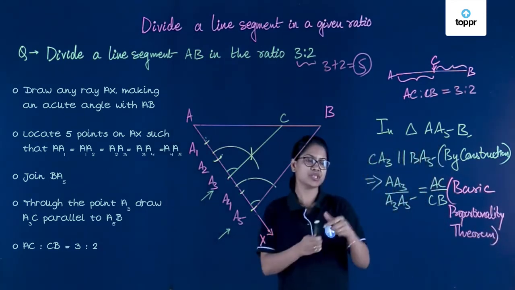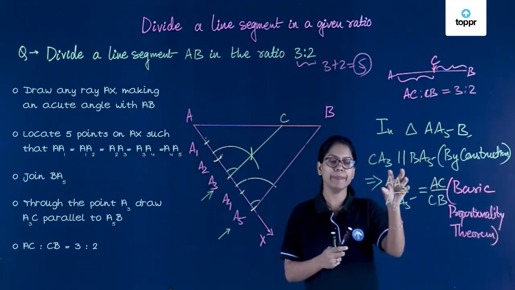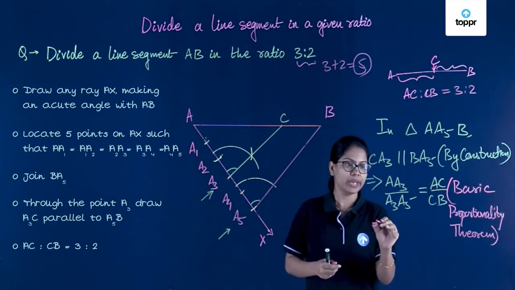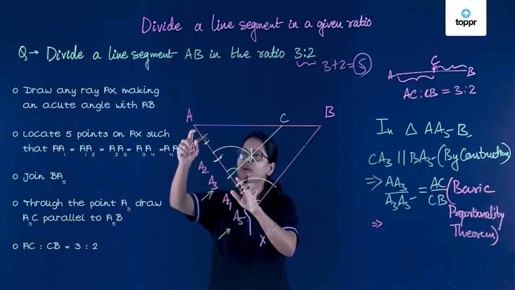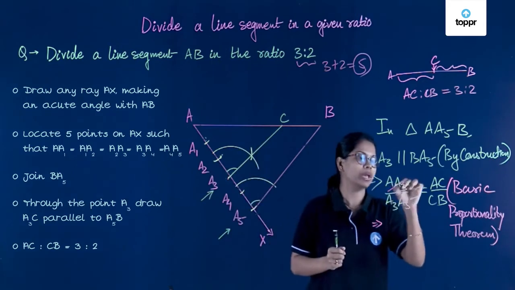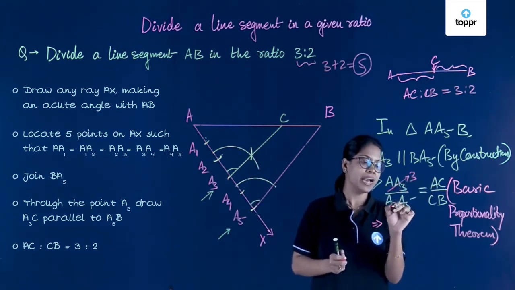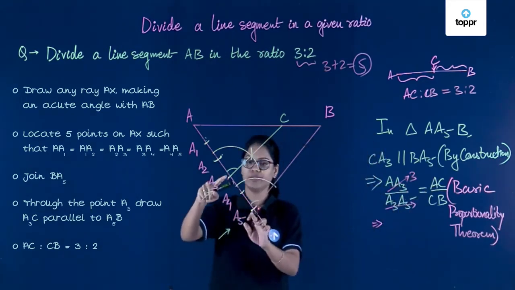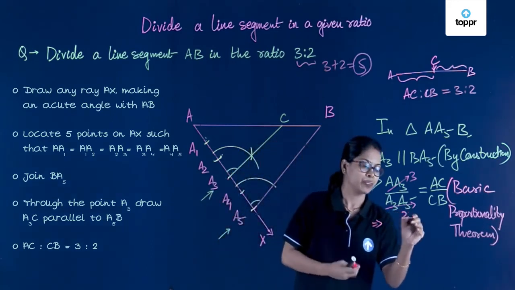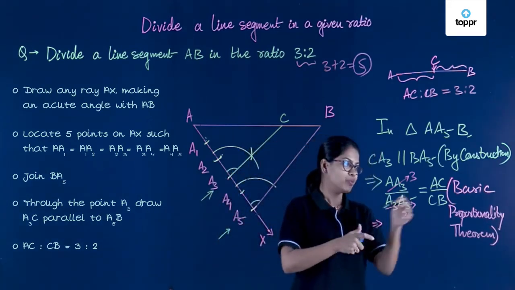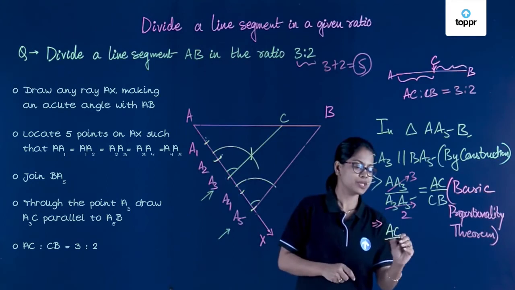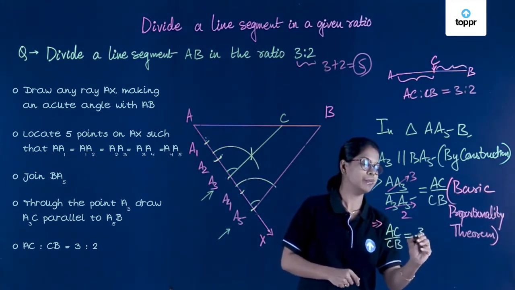Now since this is equal, but we know how many parts is AA3. Now A3 is equal to 1, 2 and 3 parts. So AA3 here is 3 parts and A3A5 is equal to 2 parts. That implies we have AC by CB is equal to 3 by 2.